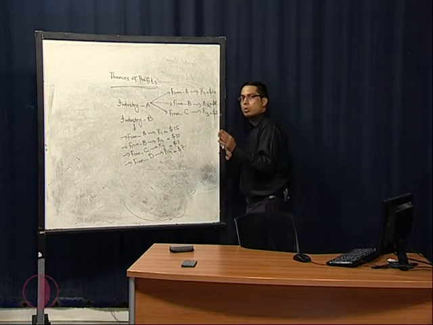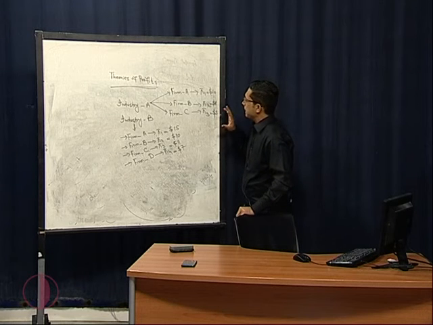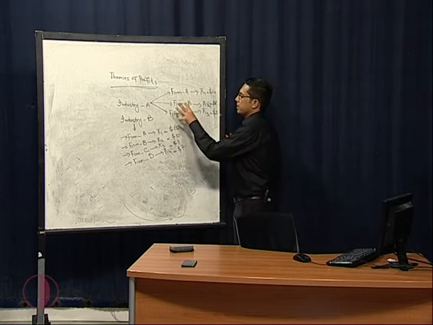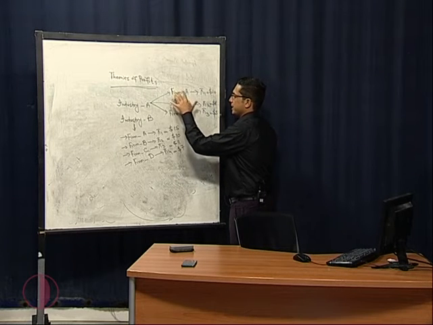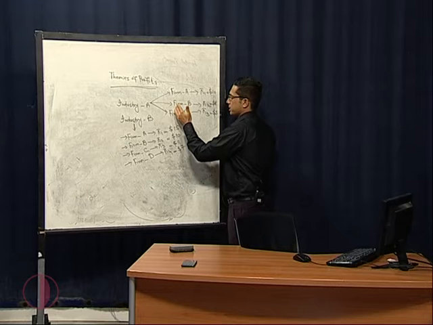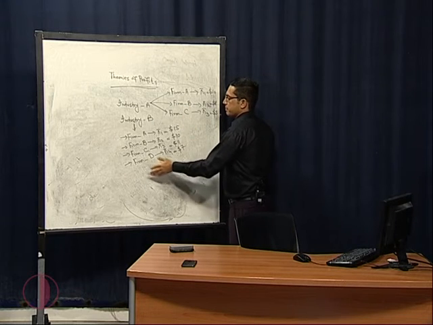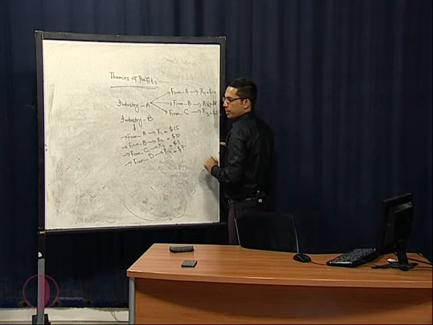Now look at this point from another angle. Why is the profit of firms in industry A different from the profit of firms in industry B?